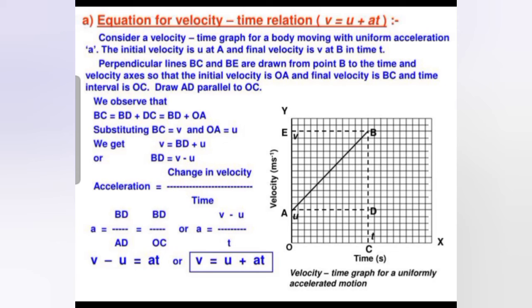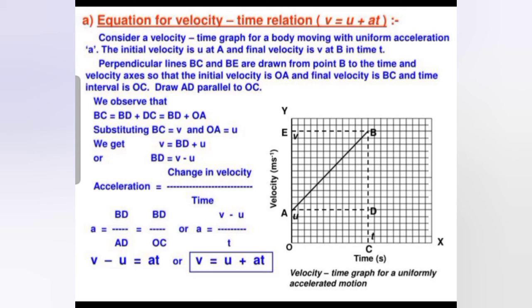So v is equal to BD plus u, because v is BC and BC is BD plus u. So we can write BD is equal to v minus u.